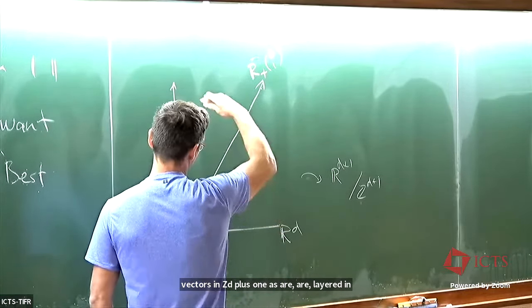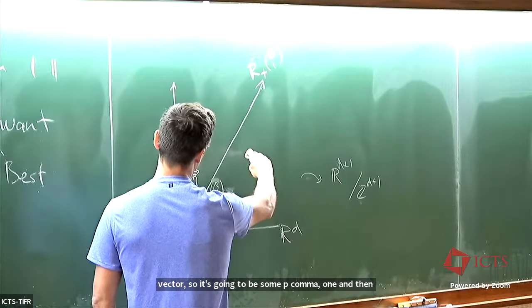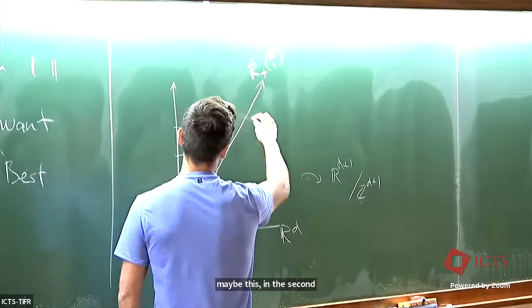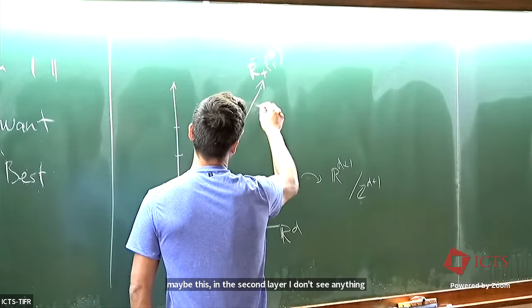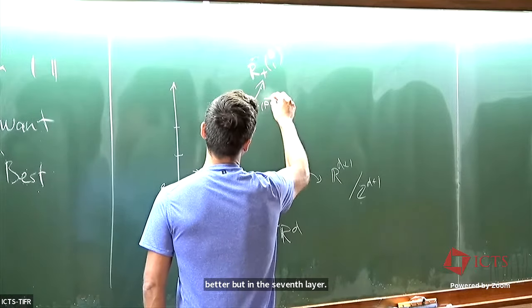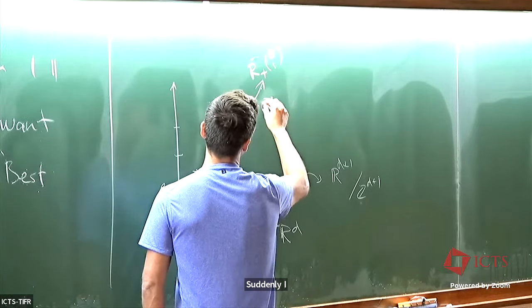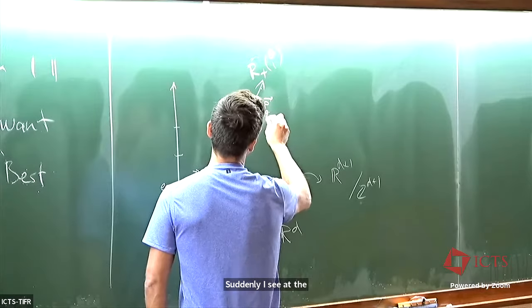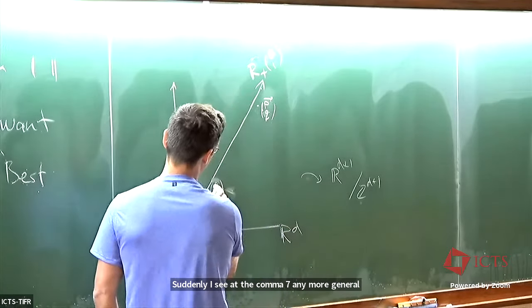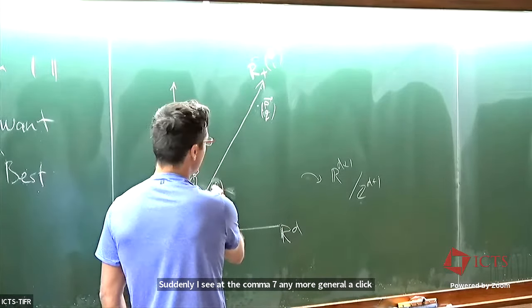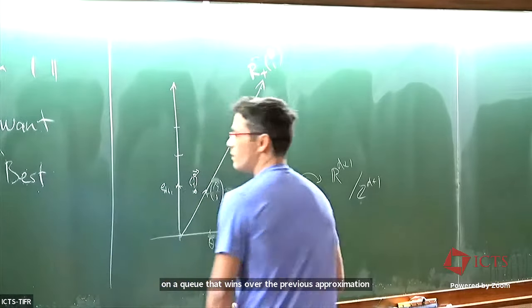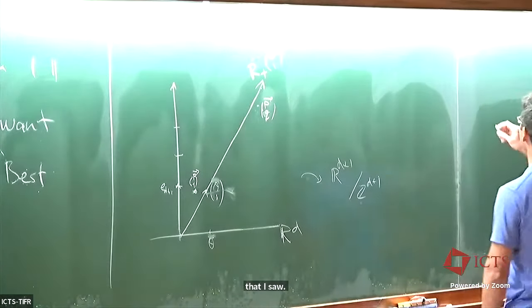It's going to be some (p, 1), and then maybe in the second layer I don't see anything better, but in the 7th layer suddenly I see a (p, 7), and more generally a (p, q) that wins over the previous approximation that I saw. So the sequence is actually defined inductively.